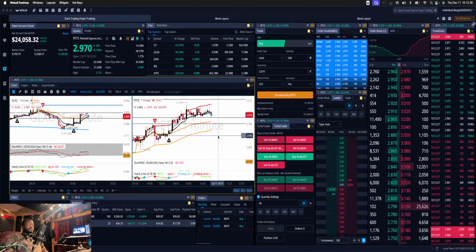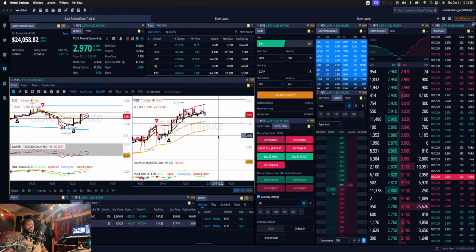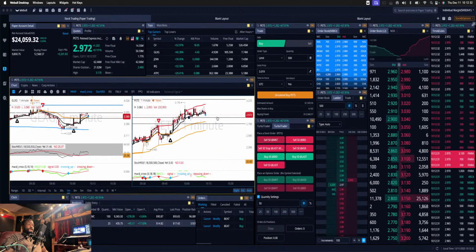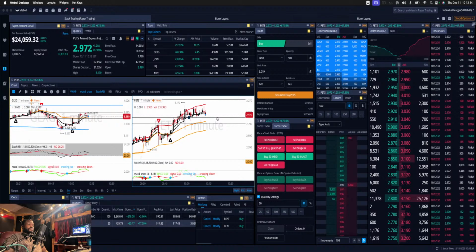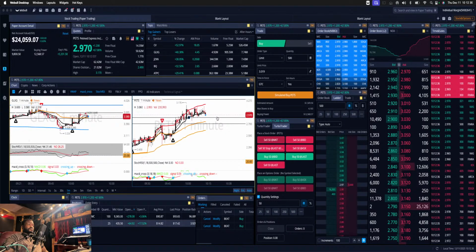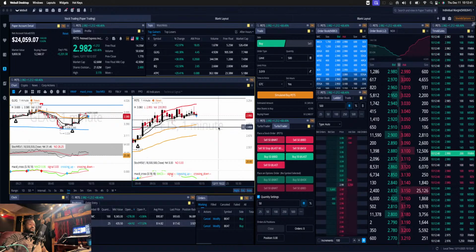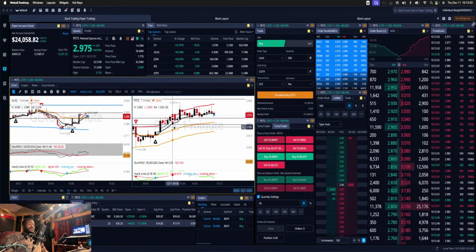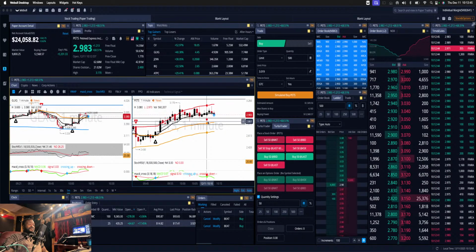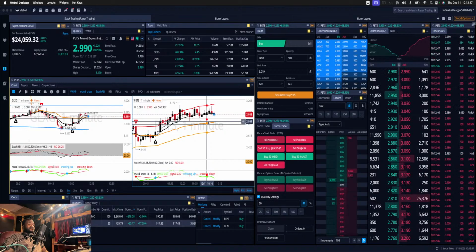LUNR. UEC, PL. CLS. QS. Poet. So it's been building up this liquidity here. This is the low. It's got to try to break under this low. What time is it? 10:12.